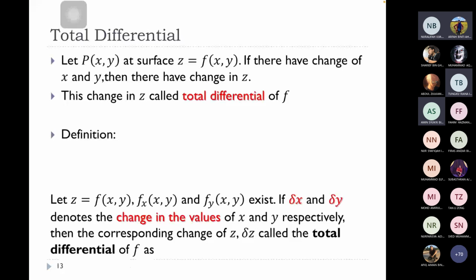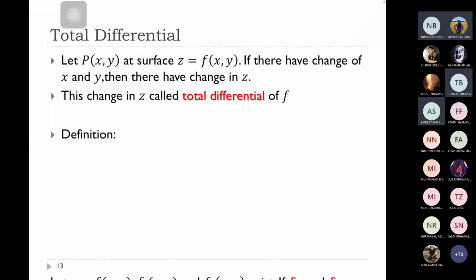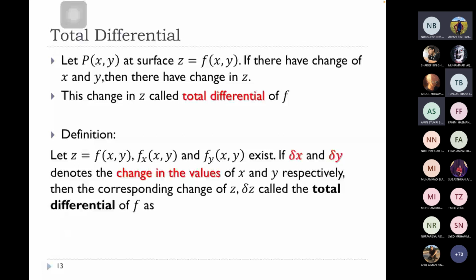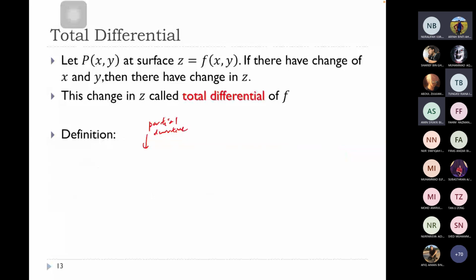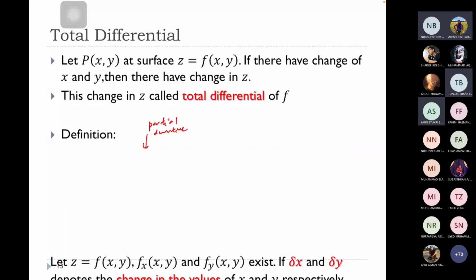Okay, then f partial derivative, this is partial derivative, okay, fx and partial derivative fy exists, okay. So delta x and also delta y denotes the change in the value of x and y respectively.